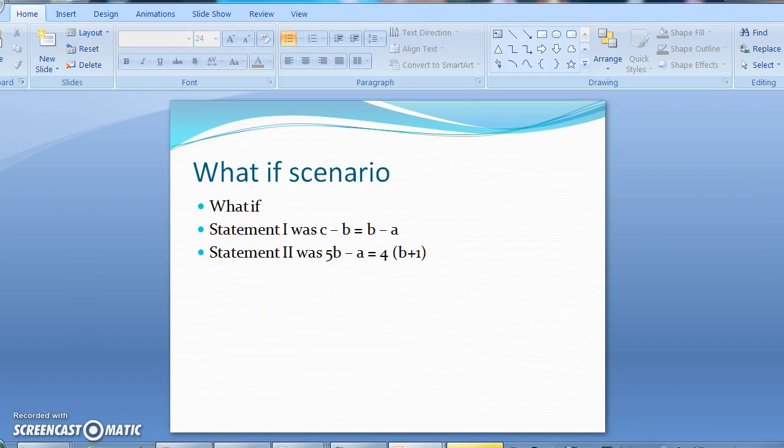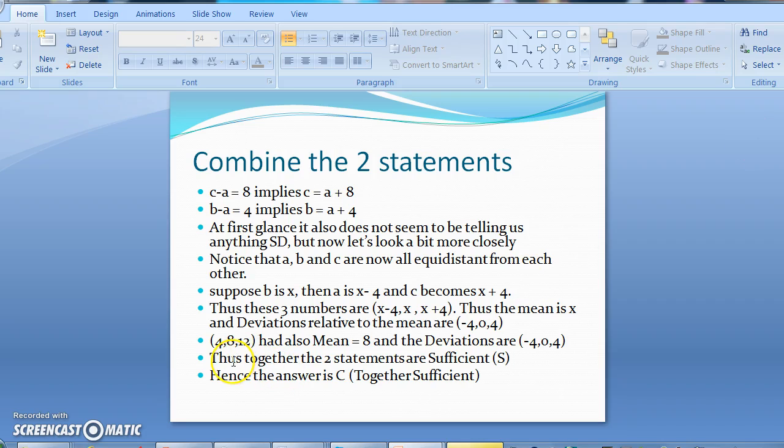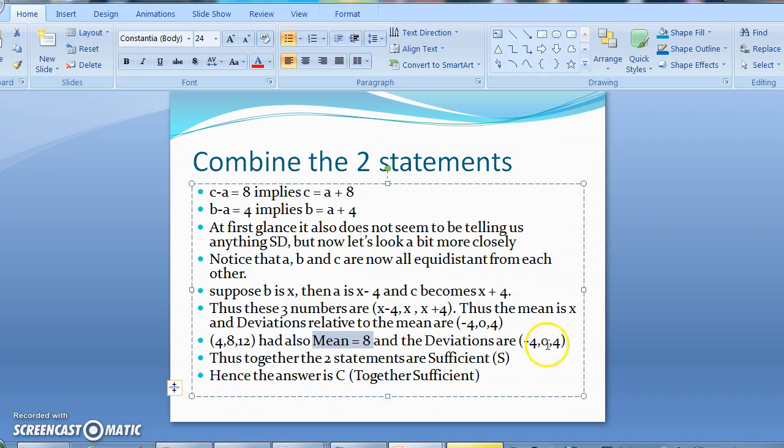Why? Because what we have seen is that the earlier set that we had, 4, 8, 12, also had a mean of 8 and the deviations were minus 4, 0, 4. And this set that we have also has 3 terms and the deviations are minus 4, 0, 4. You might recollect from the earlier calculations that SD only depends on the deviations, like I said, and also depends on the number of terms.